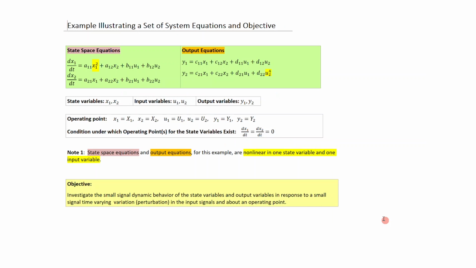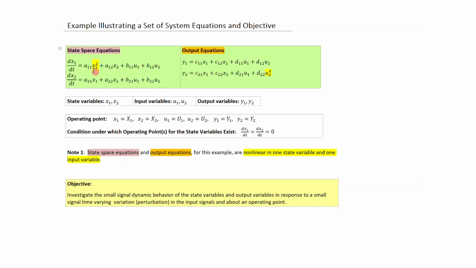All right, so let's look at some examples illustrating a set of system equations, and then also finally derive what the actual objective is. Say we have a case where there are 2 state variables and 2 input variables. This is just an example of an equation that we could have. You have a differential equation in the state variable x1 and one for x2. This involves x1 squared, x2, u1, and u2.